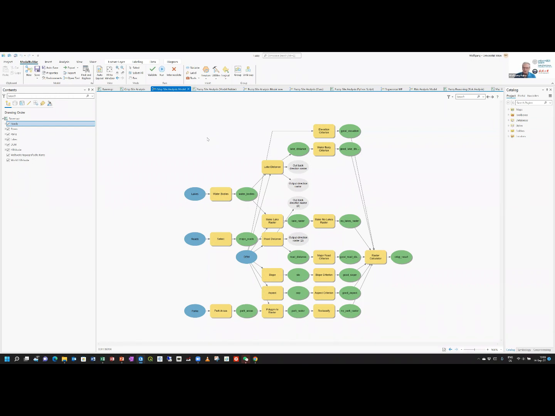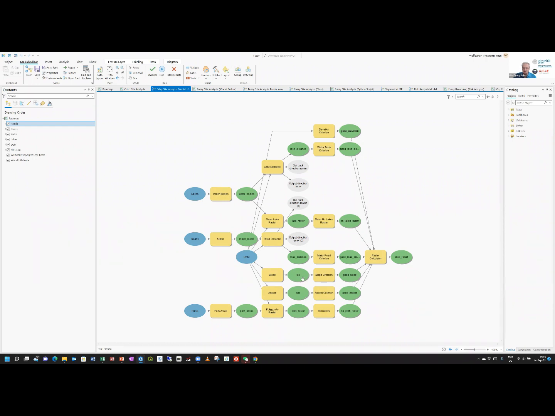So what you do is, in a graphic way, you solve your problem by linking together the data with some operations and the resulting maps. So what we do, for example, is we have our elevation model here. From the elevation model, we calculate slope and aspect.